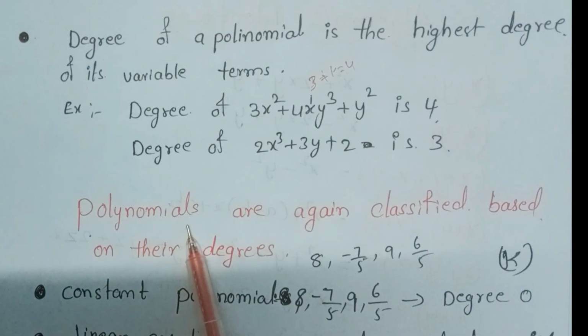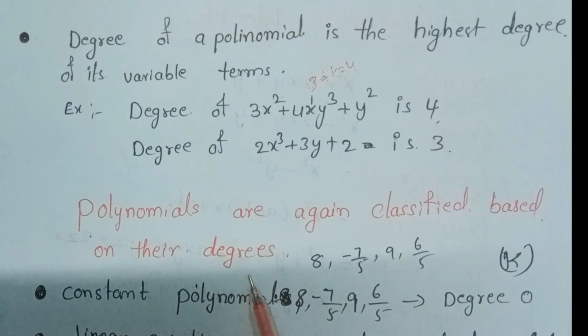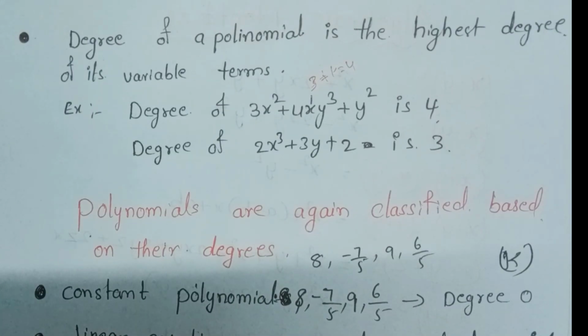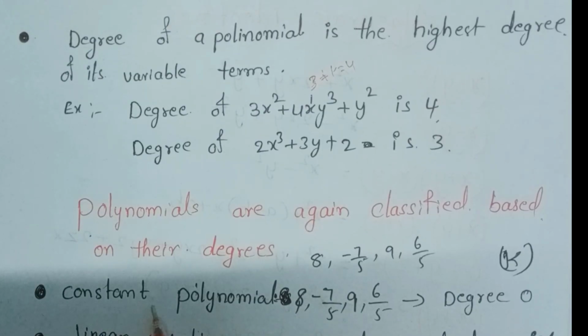Next, polynomials are again classified based on their degrees. Before, you learnt polynomials are classified depending on terms. This is depending on degrees. So you know what degree is. Highest power is degree. So here, constant polynomial.